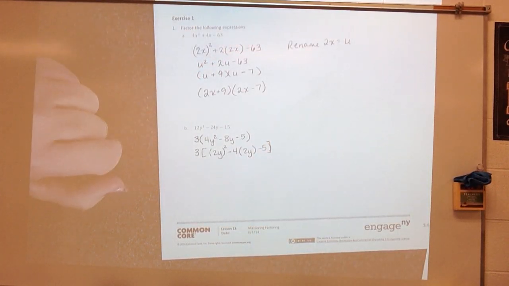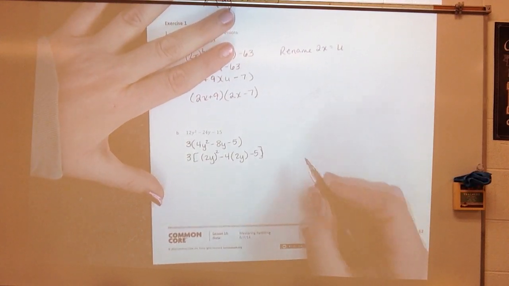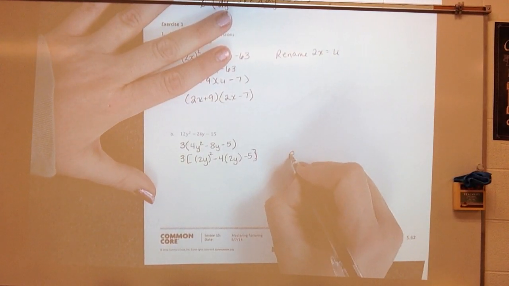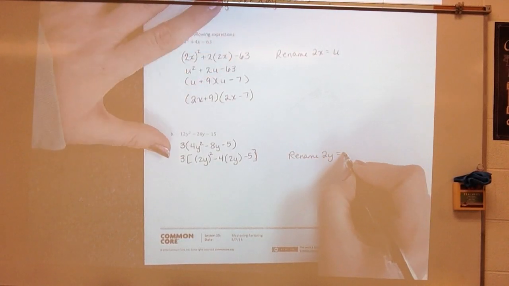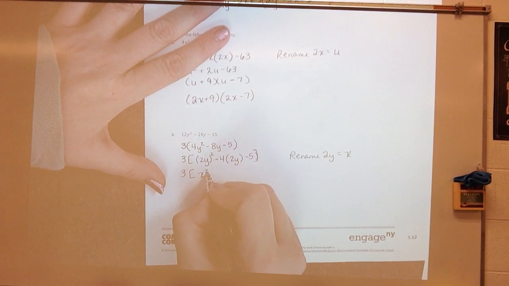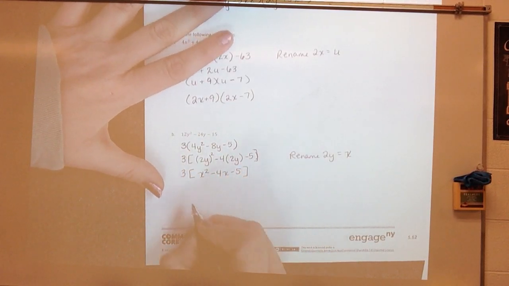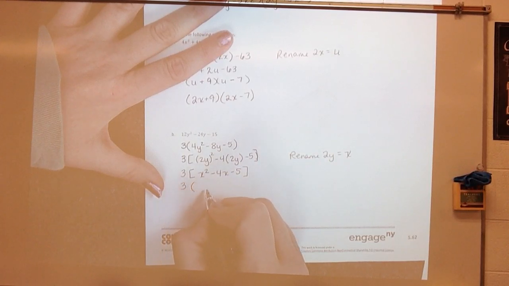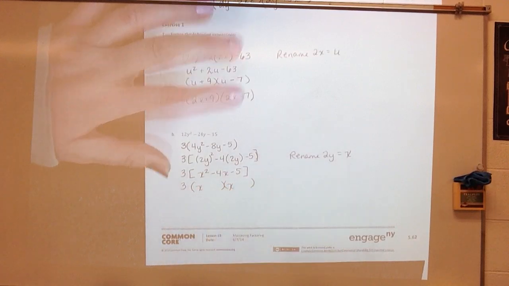Okay? Now, I can replace my 2y. So rename 2y as x. So I have 3 bracket x squared minus 4x minus 5. I can factor this as x and x.